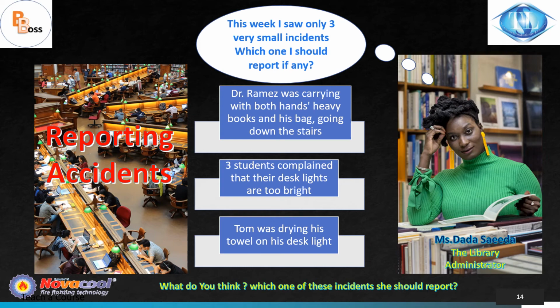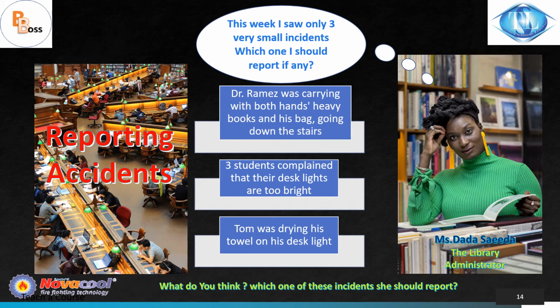In the second case, there were three reports from three different students who complained that the desk light is too bright for them. This is the second one. In the third one, she knows this guy Tom. He's a frequent visitor of the library.